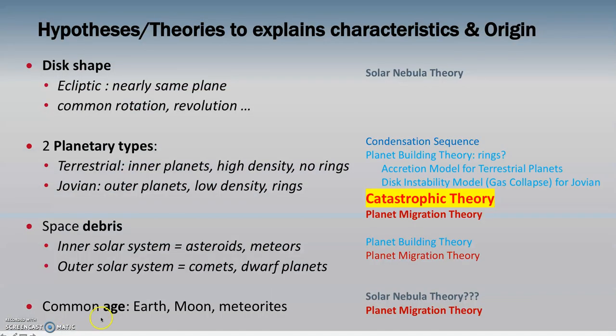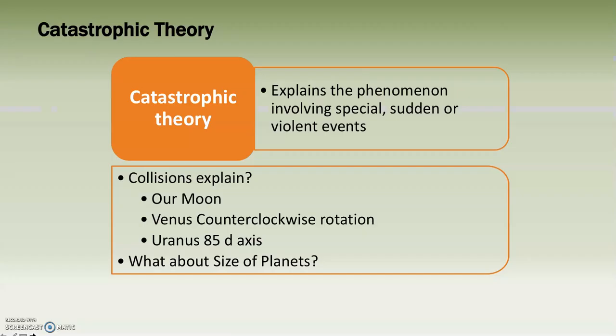So fortunately, we have some more theories that can explain some of the problems that we had with the planetary types and the fact that the sizes don't match up. Maybe we should be talking about catastrophic theories. What's catastrophic theory? Catastrophic theory says that there are some violent events that just cause differences that require us to pay attention to them.